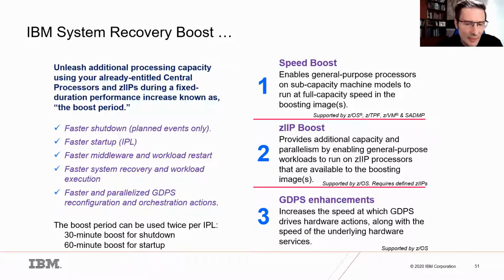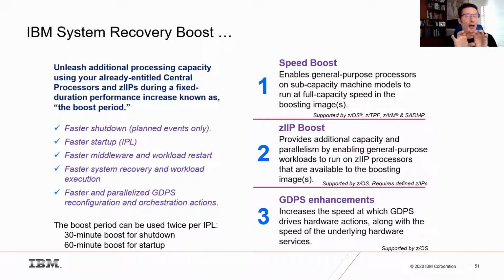The second kind of boost that you can avail yourself of is something called the zip boost. This allows you to provide additional capacity and parallelism by allowing general purpose processor dispatched workloads to run on zip processors.